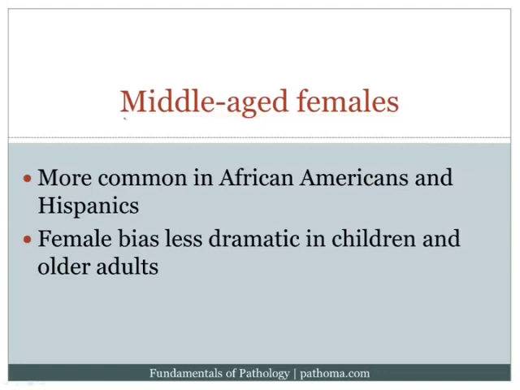Whereas children and older adults would have less of an estrogen differential between males and females. And so perhaps that helps to explain why there's less of a female bias in those age groups.